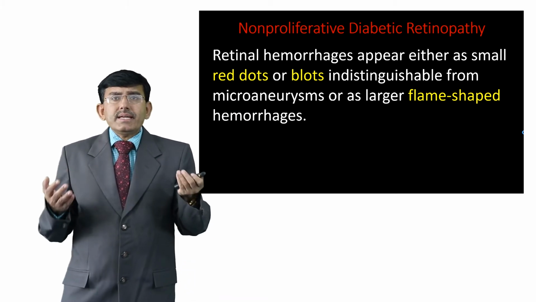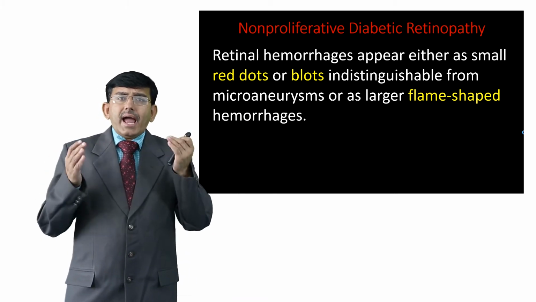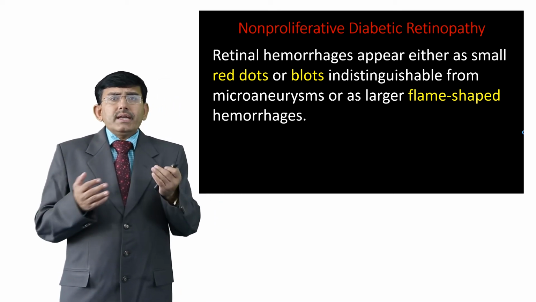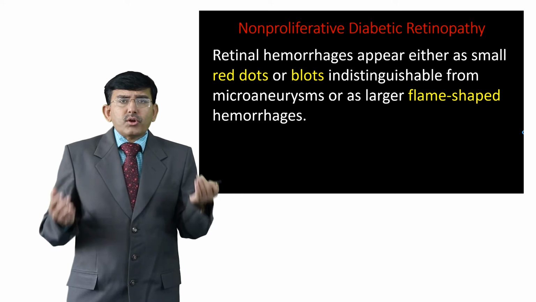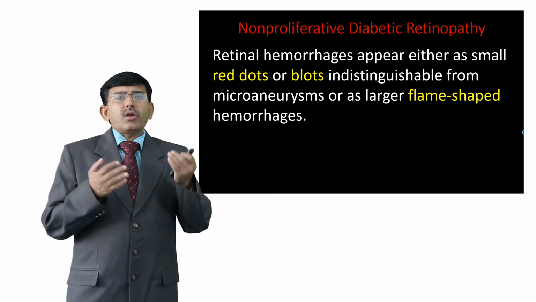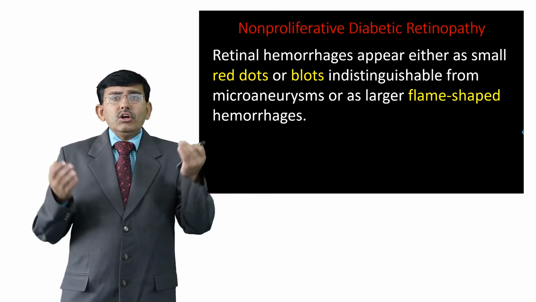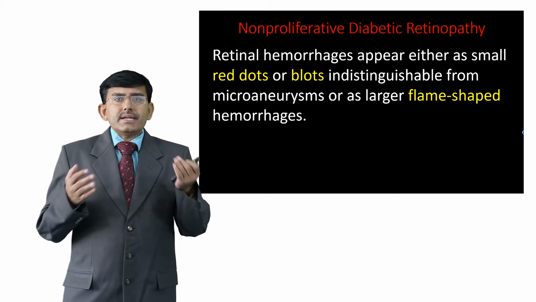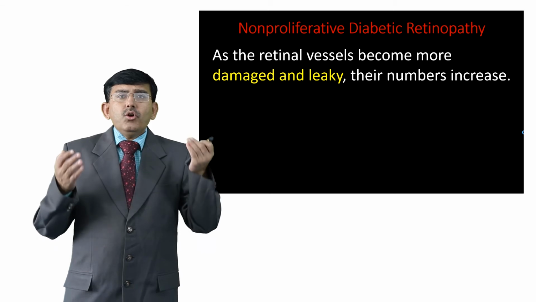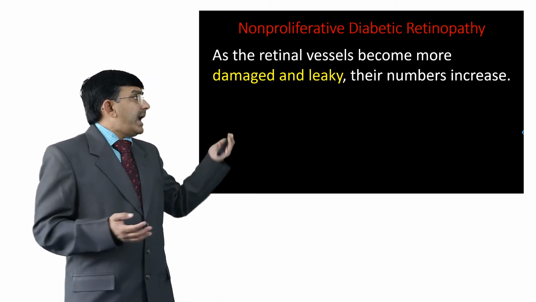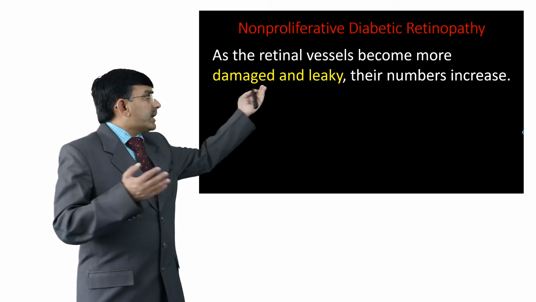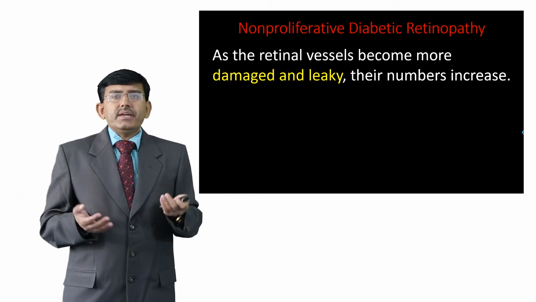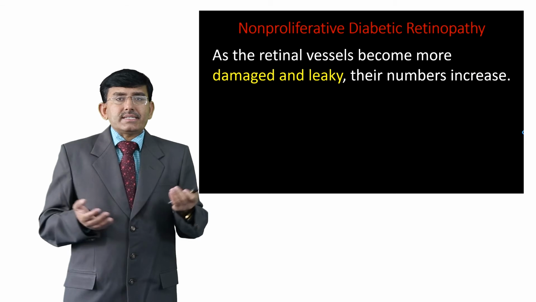Retinal hemorrhages appear either as small red dots or blots indistinguishable from microaneurysms, or as larger flame-shaped hemorrhages. As the retinal vessels become more damaged and leaky, fluid comes out of them and spreads on the retina. Their numbers increase.